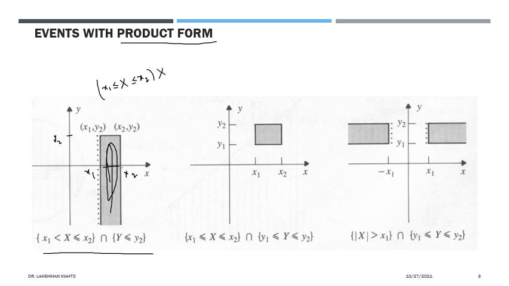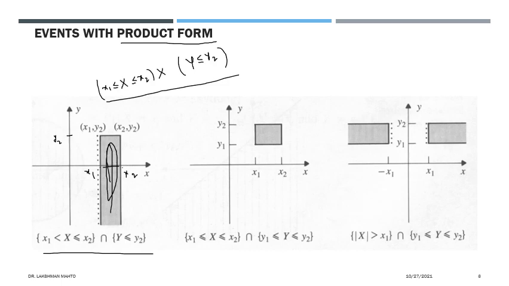Y is taking values, and you can put a lower limit, but if it is not mentioned, by default the lower value would be minus infinity, and the upper value is y2. So this is the product form we are writing. This is definitely an event in the plane, one kind of event in the plane which is written in product form.